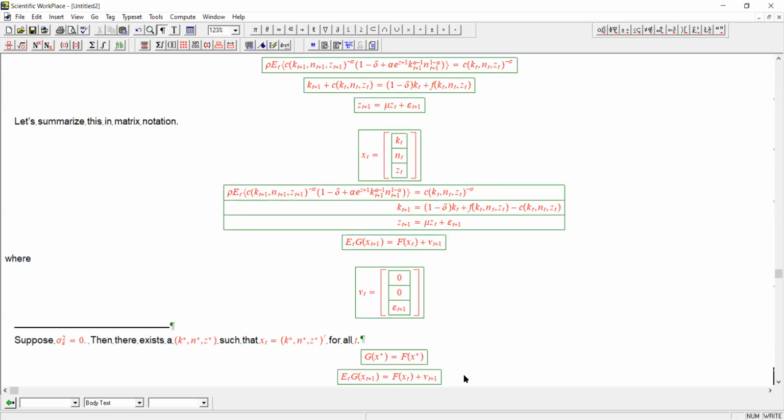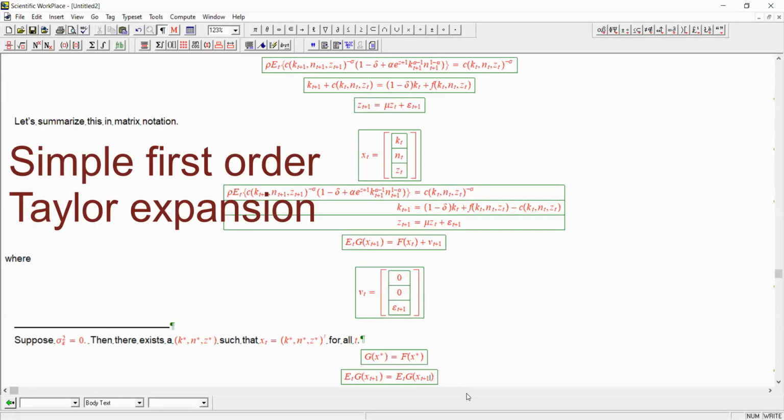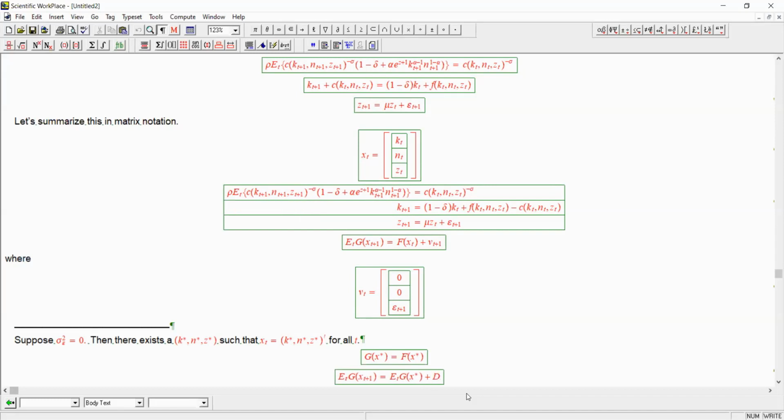More broadly, it's going to be true that the expected value of g here is equal to the expected value of g evaluated at x star plus d of g. What's d of g?